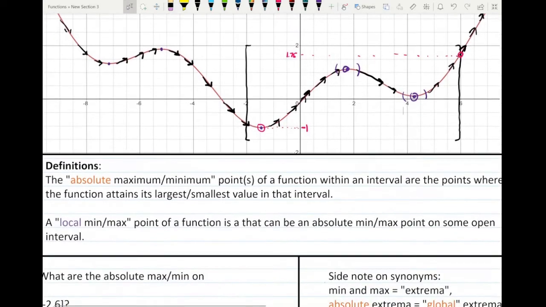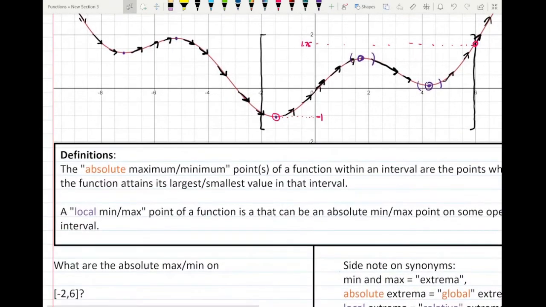So in that interval your friend sketched out, -2 to 6, the absolute maximum would be up here at the point (6, 1.75), and the minimum would be right here at about the point (-1.75, -1).